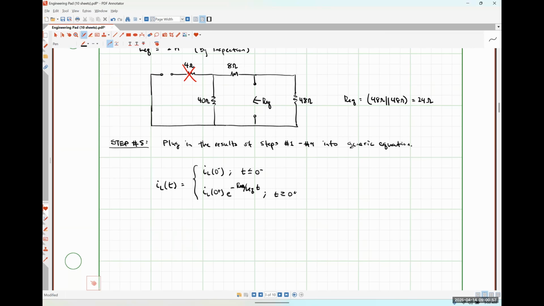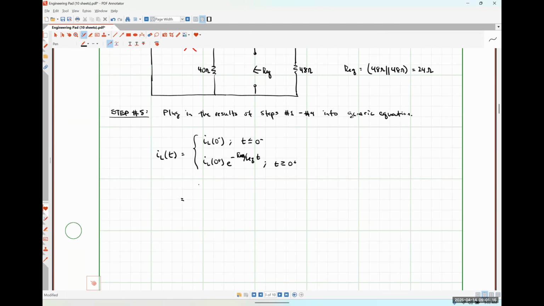Everything that we derived was only in terms of the inductor current. But as it turns out, everything in our circuit is going to behave this way. Let me prove it to you very quickly. If I wanted to plug things in here, at 0 minus our inductor current was 5 amps, and at 0 plus our inductor current was 5 amps.